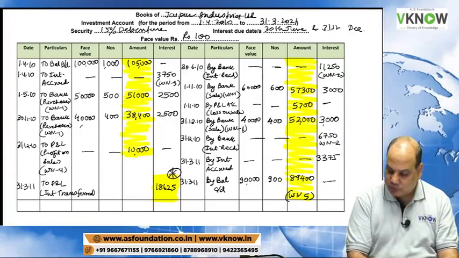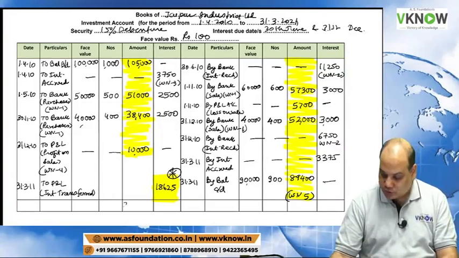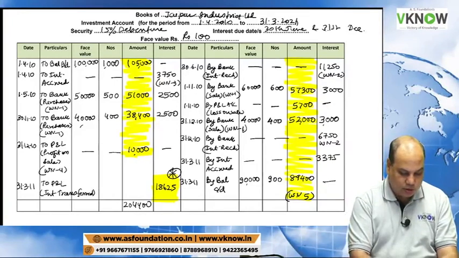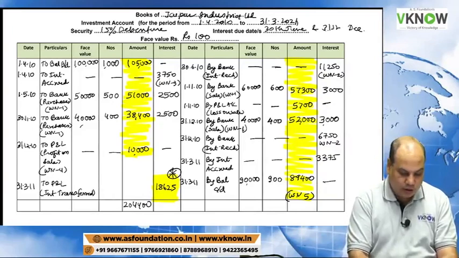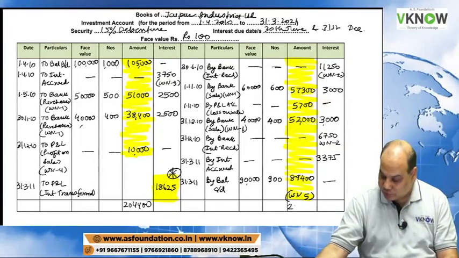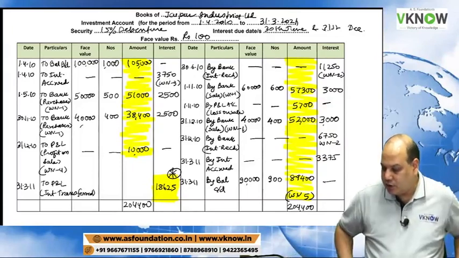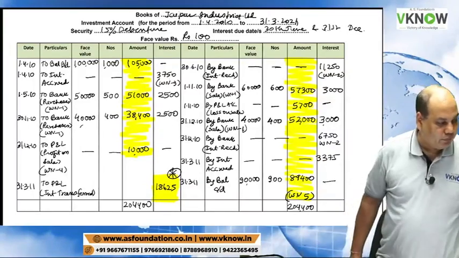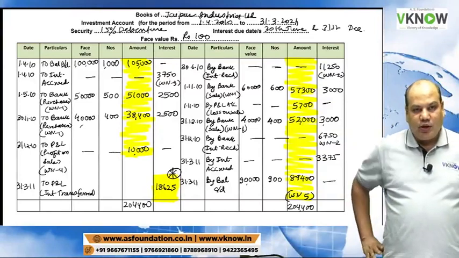Check if it is balancing on its own. So this comes to 2,04,400. And you try the credit side also. Yes, 2,04,400. Which means the amount column tallies automatically if you do the calculations properly. 2,04,400. This is your complete answer.